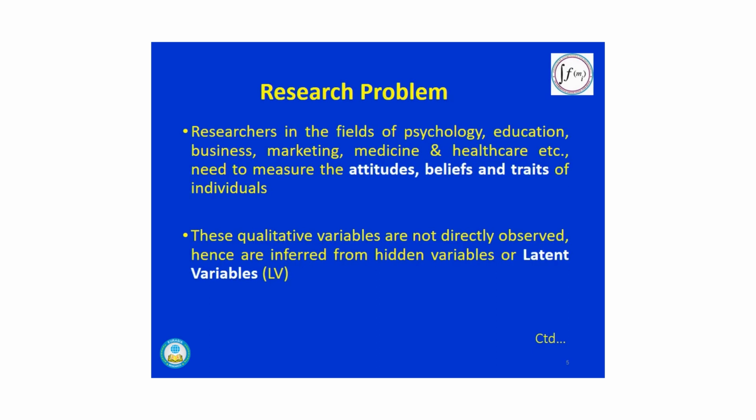So what was the problem of my interest to develop this SAMA radial indicator? In various fields of research, we have to collect qualitative data and psychometric data. We want to measure the attitudes and beliefs of people. These qualitative variables are not directly observed. They are measured by latent variables or hidden variables. These latent variables are measured through questions or items.